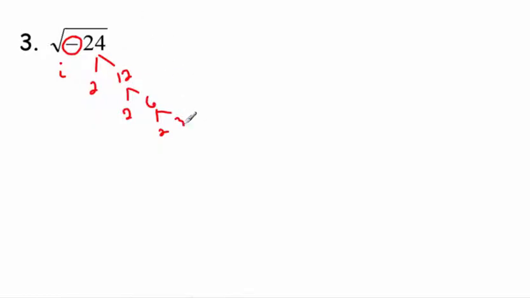Since this is a square root, I'm going to look for pairs. So there's a pair of 2's, and no more pairs. 24 breaks down into 2 on the outside, square root of 6 left on the inside.